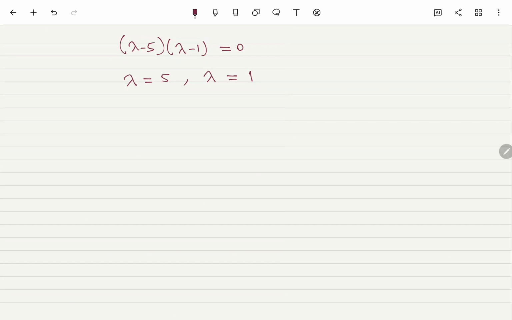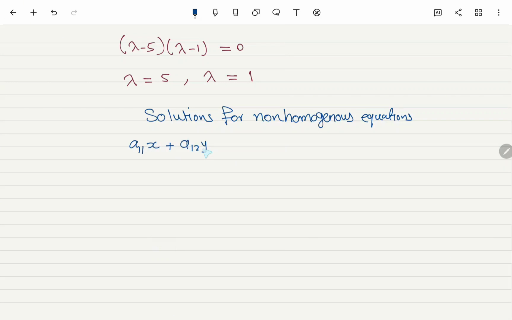Now let's discuss the solutions for non-homogeneous equations. So let's assume a11 x plus a12 y plus a13 z equals d1.